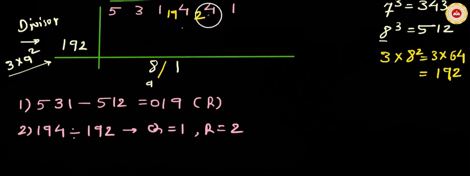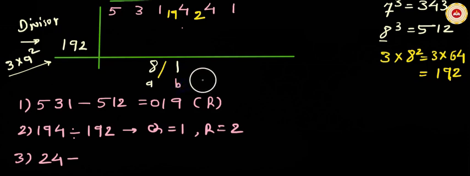This is gross dividend, and let us calculate net dividend from this gross dividend. Now how to calculate net dividend? Step number 3. 24. Subtract. What to subtract? See, we are going to calculate third digit. This is A, this is B, and now we are going to calculate C, that is third digit.